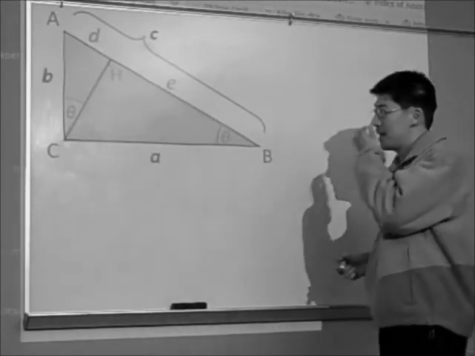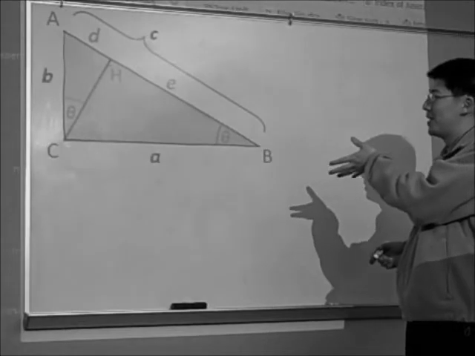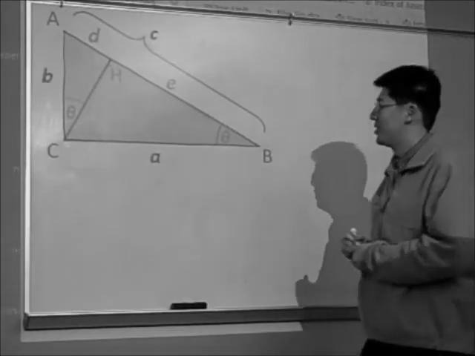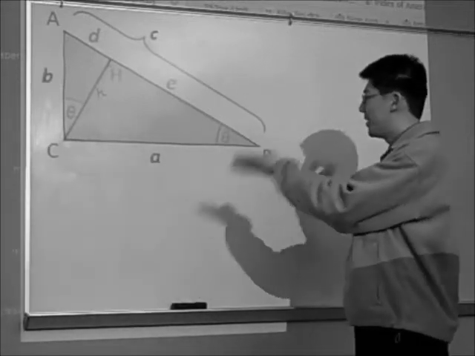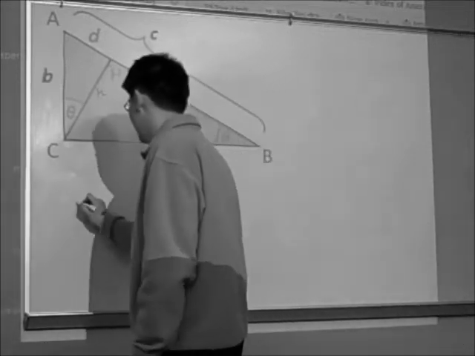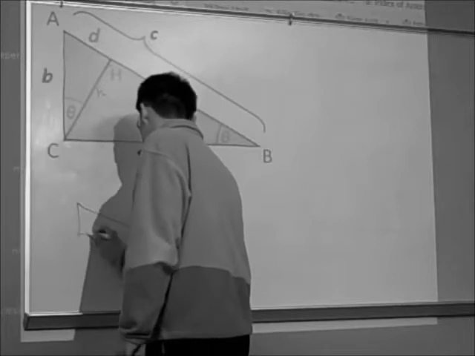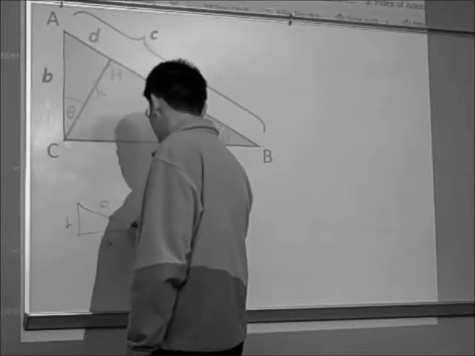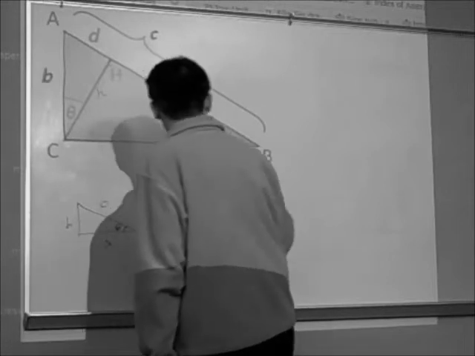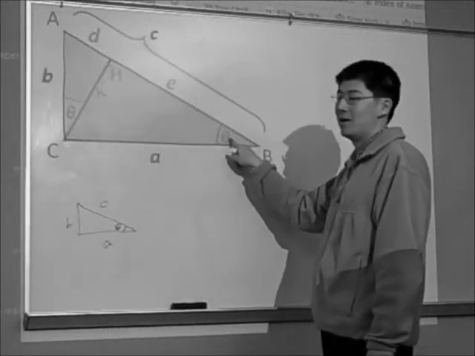What's interesting is that these triangles are actually going to be similar. Let's call this side length h. So of course there's the really big triangle, which is ABC, as you already see, and it has this angle theta here.